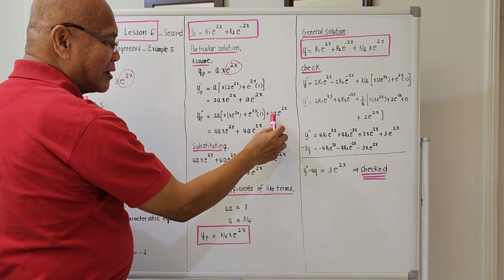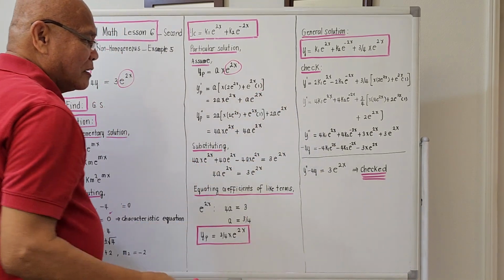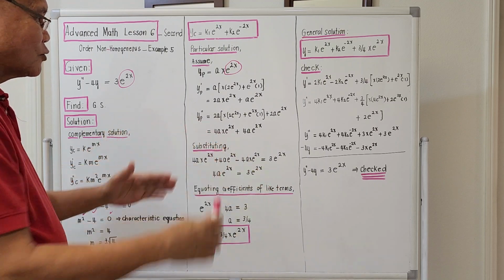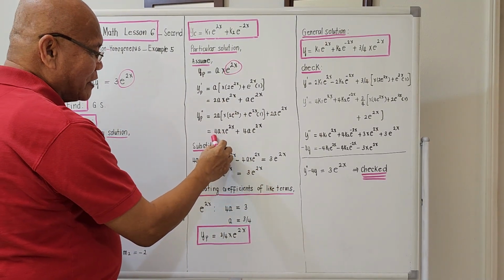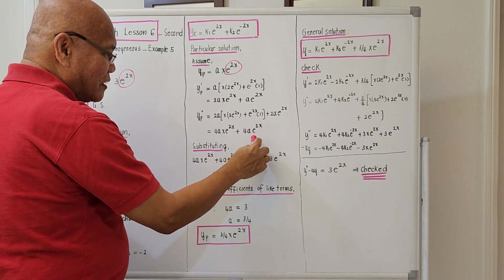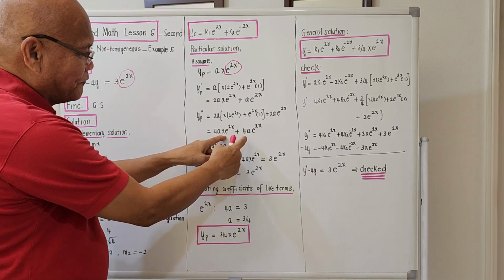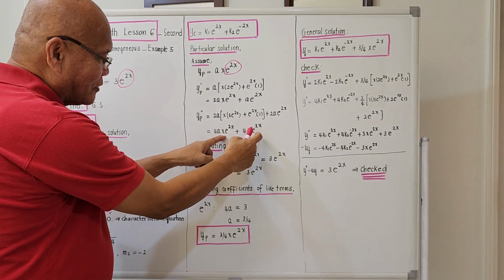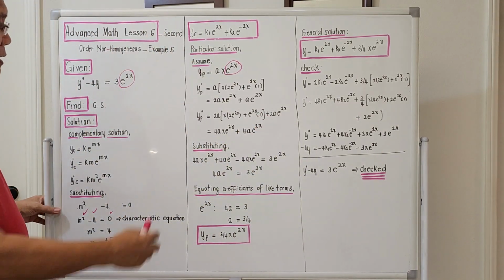So what will come out will just be simply 2a times e raised to 2x. If we simplify this one, there are common terms. It will be 4a x e to the 2x plus 4a times e raised to 2x. There is an x over here. This is just a pure constant times the exponential function e to the 2x. That's the value of y double prime.